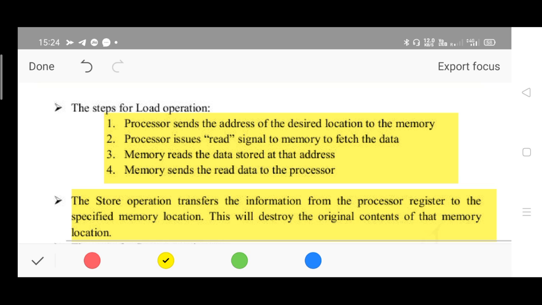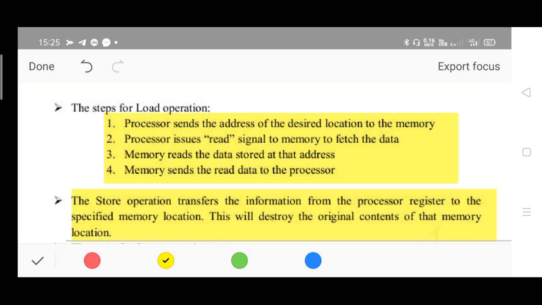The computed data, where is it? It is there in the processor register. Where is it to be transferred? It is to be transferred to the memory location. So storing the data from processor to memory, that's what the store operation is. This will destroy the original content of that memory location.